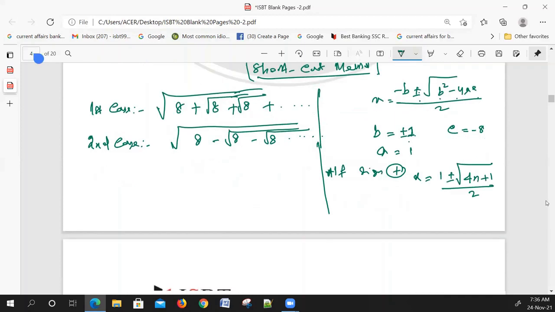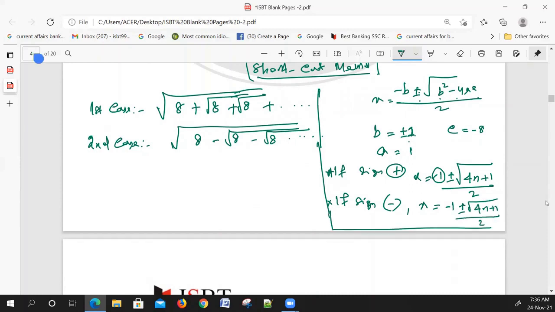And if the sign is negative, as in the second case, what can be the value of x? Here it is just minus b, so minus 1 plus or minus root of 4n plus 1 by 2. This is the formula. Here n is equal to 8, whatever the value is, that is n.